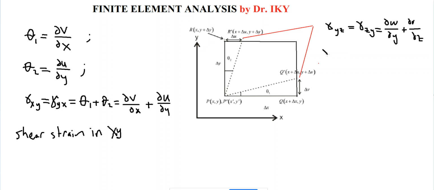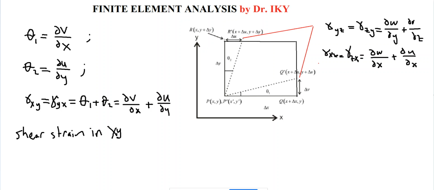Again, for gamma xz and gamma zx is equal to d omega over dx plus du over dz.